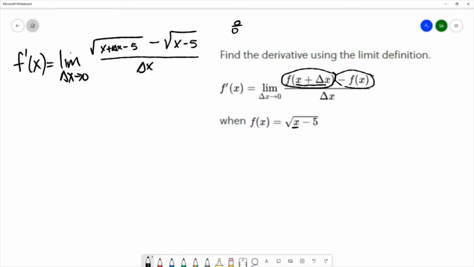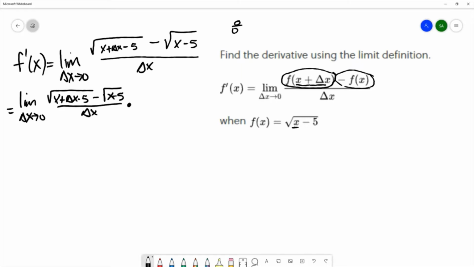So we're going to simplify this limit by multiplying by the conjugate. So it would give me the limit as delta x approaches 0 of square root x plus delta x minus 5 minus square root x minus 5 over delta x.